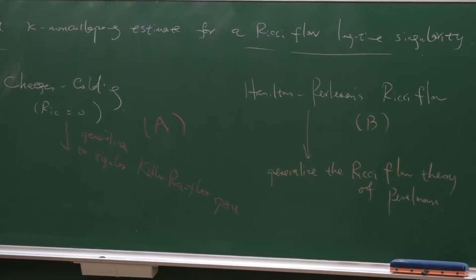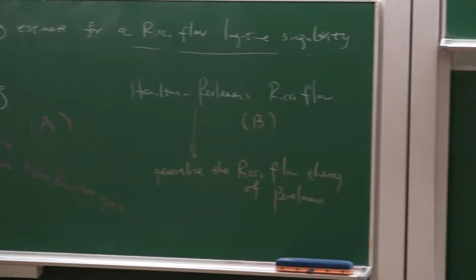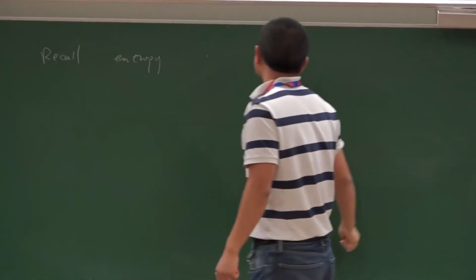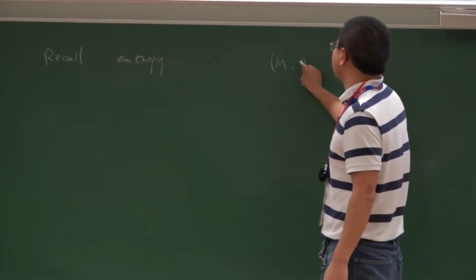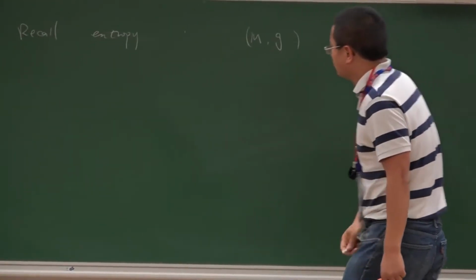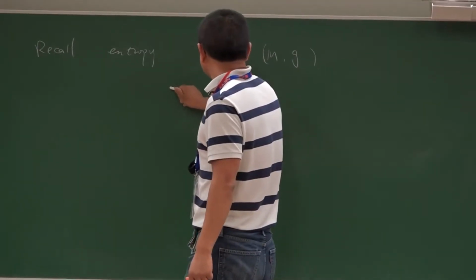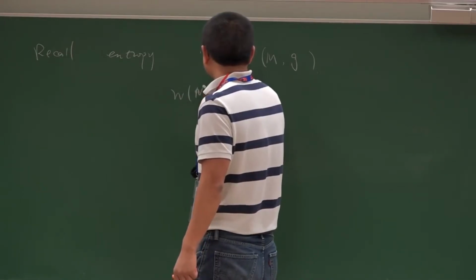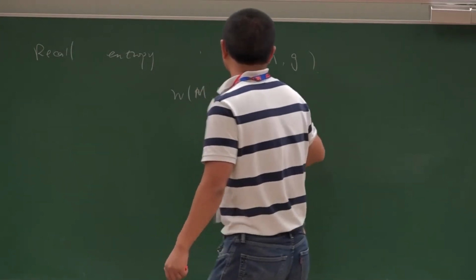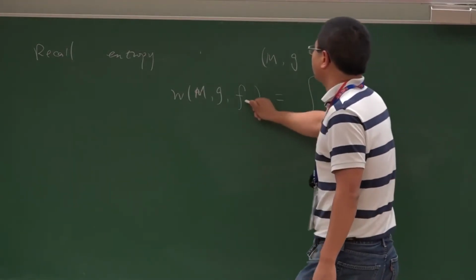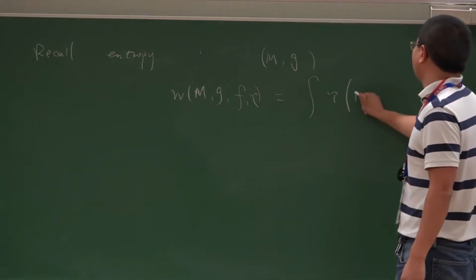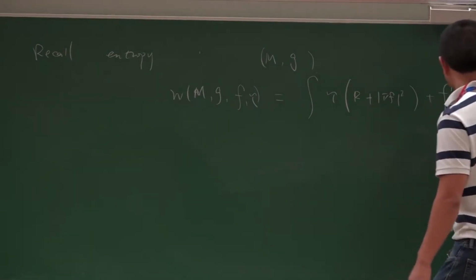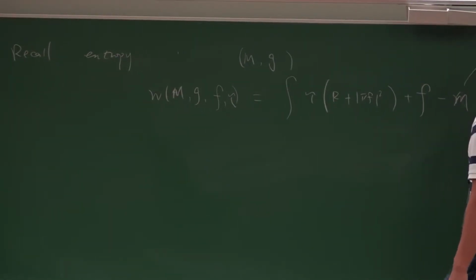The other thing you can see is I recall the entropy. So for a manifold (M, g), Perelman's entropy can be defined in this way. W(M, g, f, tau) equals the integral of tau(R plus gradient f squared) and so on. I use m as the real dimension.